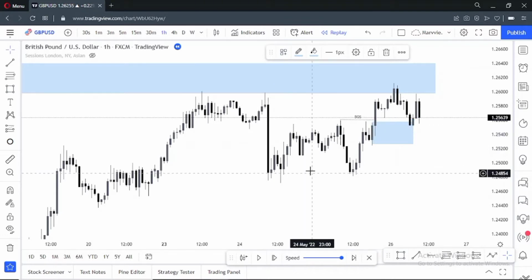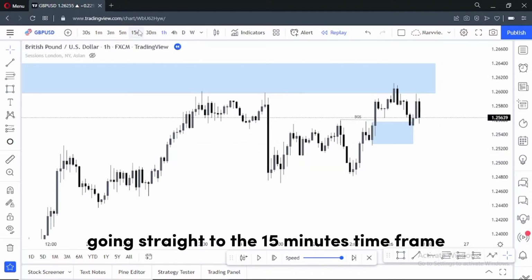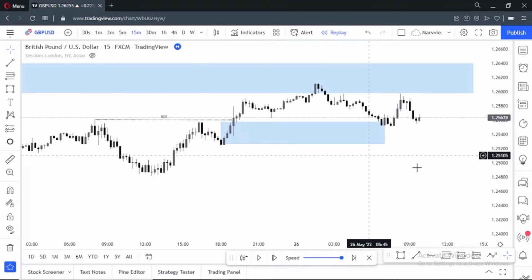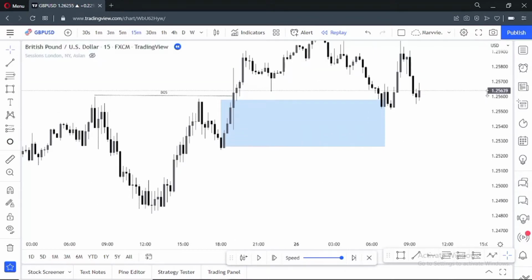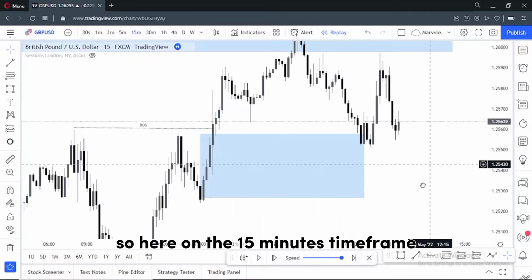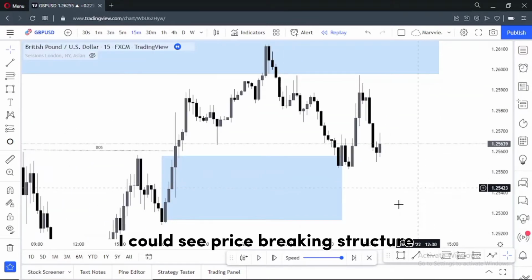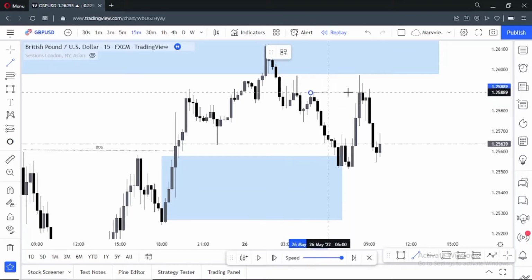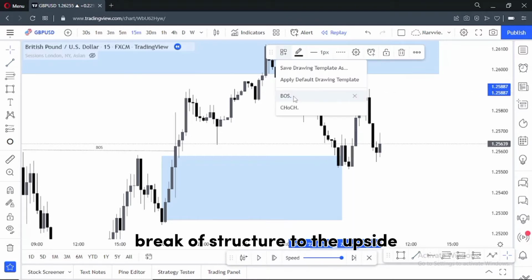Go straight to the 15-minute time frame. Here I could see price breaking structure furthermore to the upside. Break of structure to the upside.